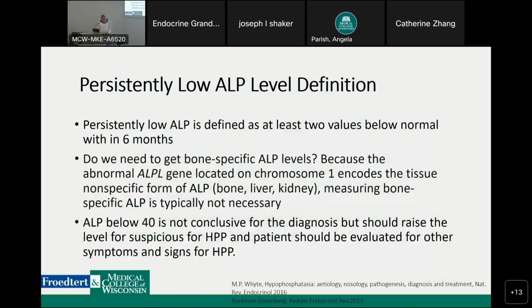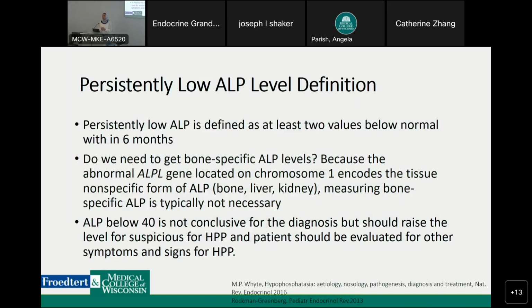So what's the definition of persistently low alkaline phosphatase? It's defined as at least 2 low values within 6 months. And whenever we have a low alkaline phosphatase, we do not need to get bone-specific alkaline phosphatase, because the bone-specific and the liver-specific are encoded by the same gene, so it will not add to the assessment.